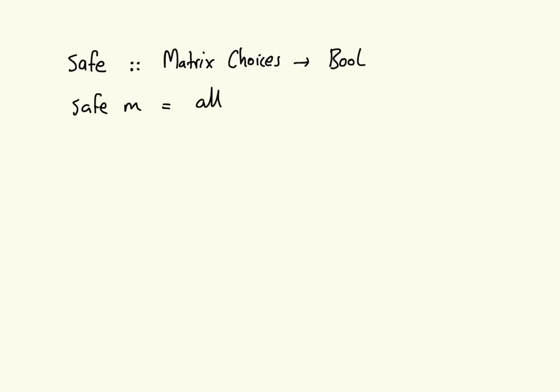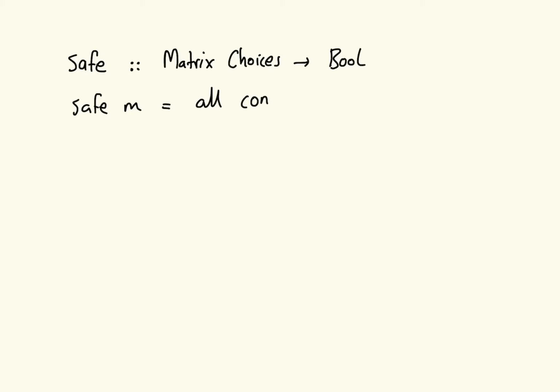A matrix is going to be called safe if every row, column and box is consistent, in the sense that it doesn't have duplicate single entries. So let's define what it means for a matrix to be safe. A matrix of choices is going to be safe, so that's going to return true or false. And this is a very easy function to define because I'm going to use a helper function.